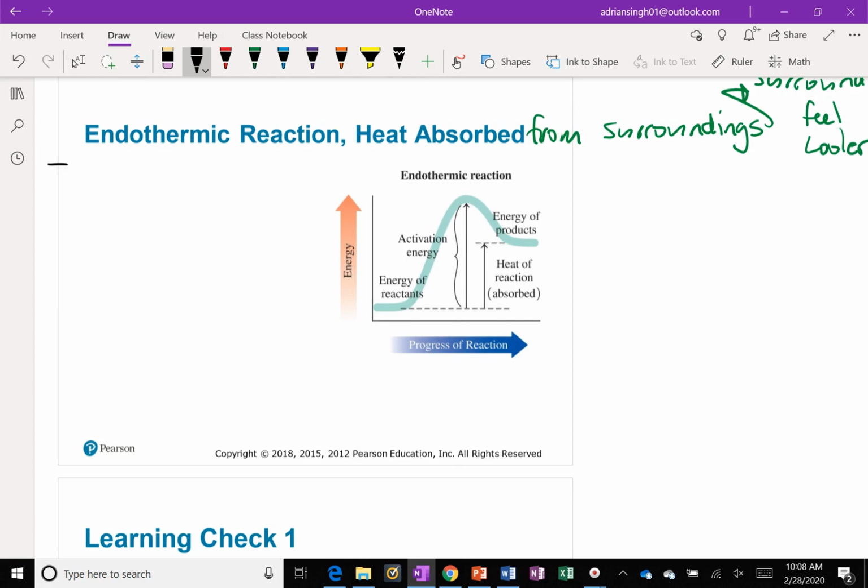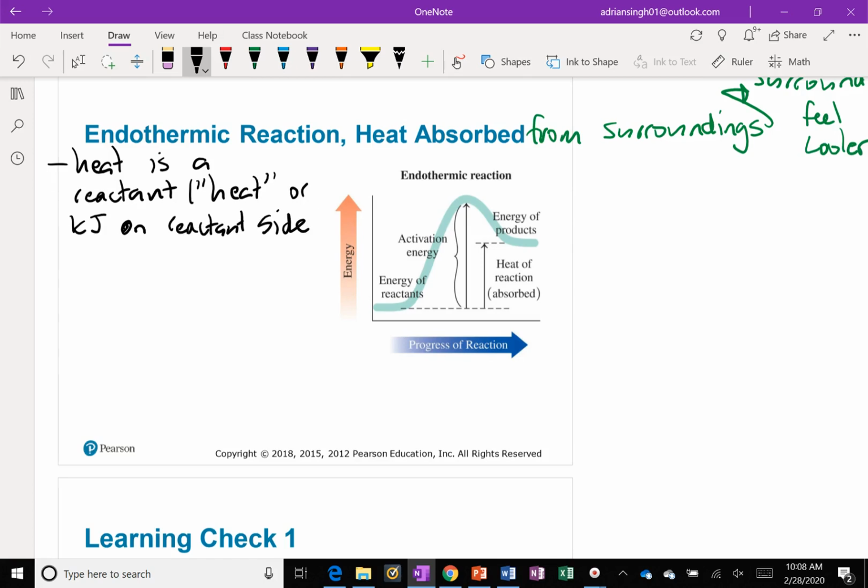So because heat is absorbed or needed, we can think of heat as a reactant. And you'll see the word heat or some unit of heat energy like kilojoules on the reactant side of the equation.